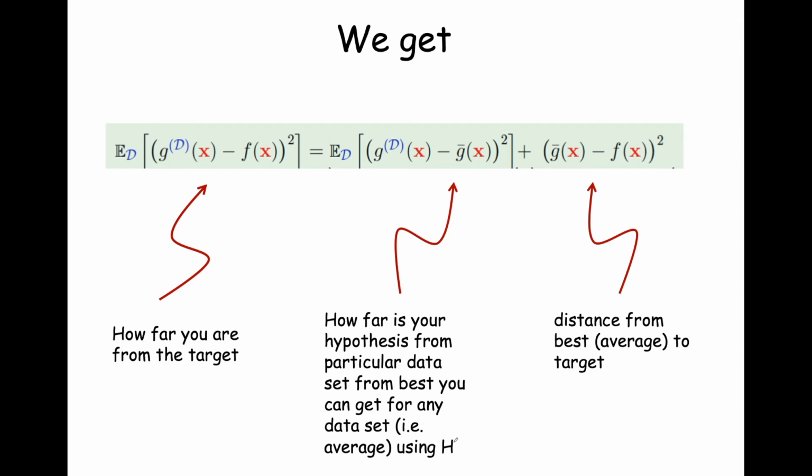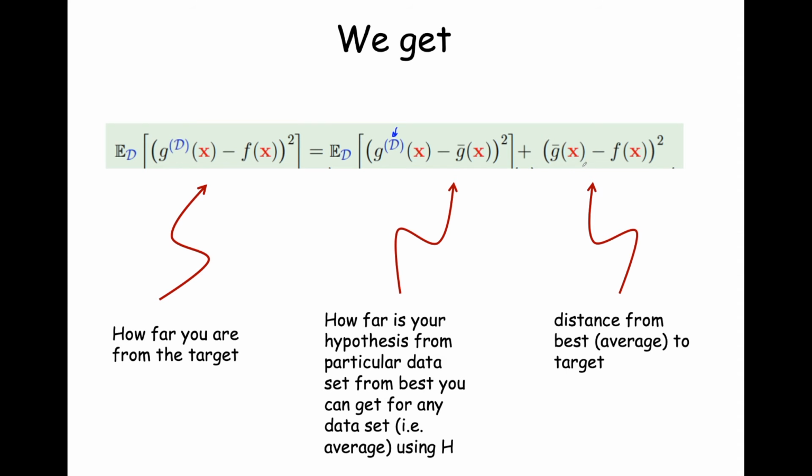And so this g bar of x represents all data sets, and this g script d talks about the final best hypothesis for a given data set. You take the expectation to say across all the data sets on average, how far is your best hypothesis from the best you can do, this g bar across all data sets.